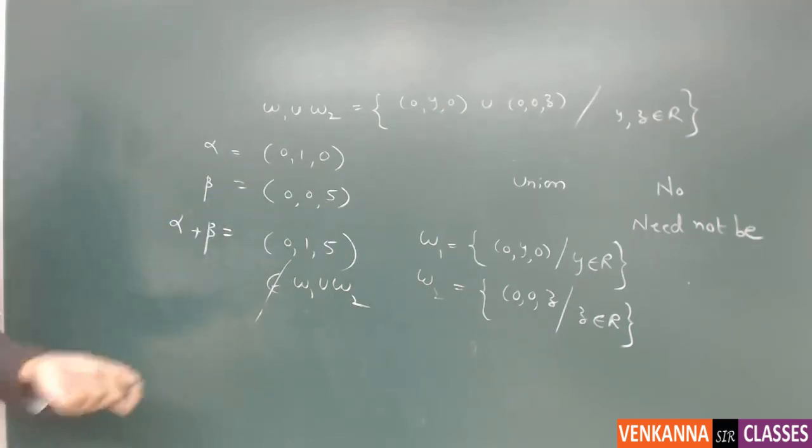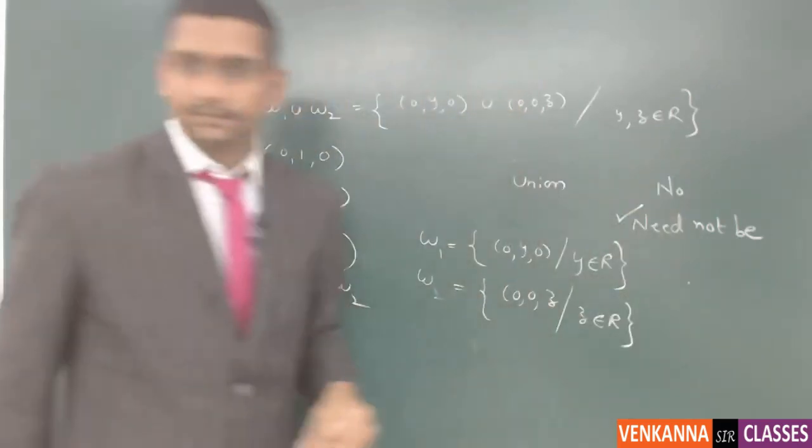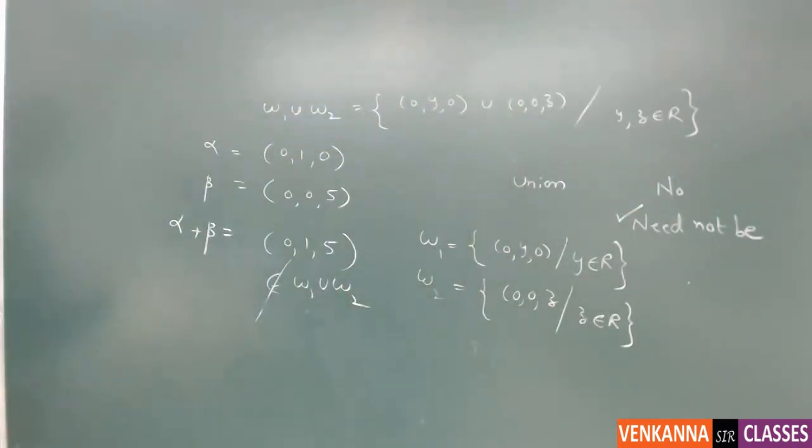So the union need not always be a subspace. That we should take trivially. But the union is a non-empty set; the zero vector, the origin (0, 0, 0), always belongs to the union. So the union is a non-empty set, but it need not be a subspace.